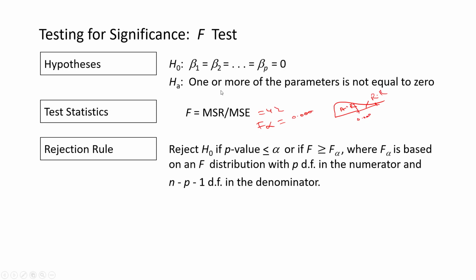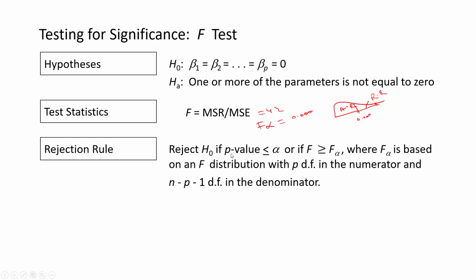We show that one or more of the parameters are not equal, all the slopes are not equal. Maybe one independent variable with respect to the dependent variable will be behaving in the same direction, maybe the other independent variable will not be behaving in the same direction.